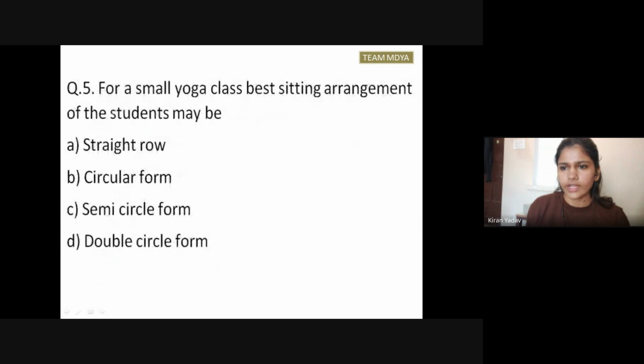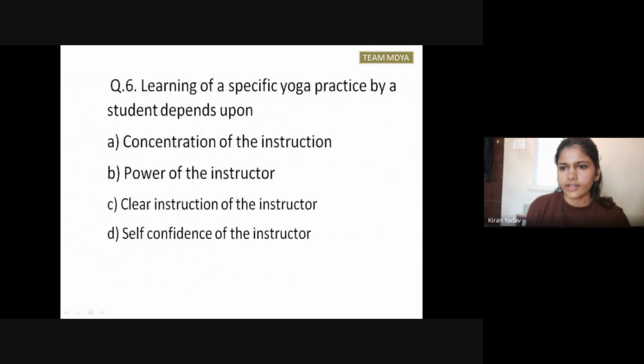For a small yoga class, the best sitting arrangement of the students may be straight row, circular form, semicircle form, double circle form. Learning of a specific yoga practice by a student depends upon concentration of the instructor, power of the instructor, clear instruction of the instructor, self-confidence of the instructor.